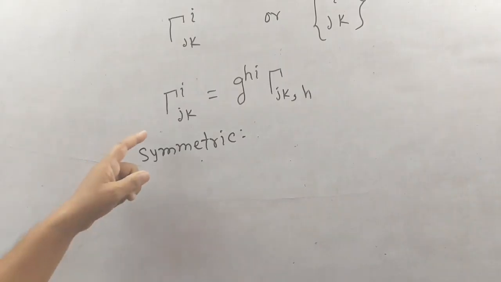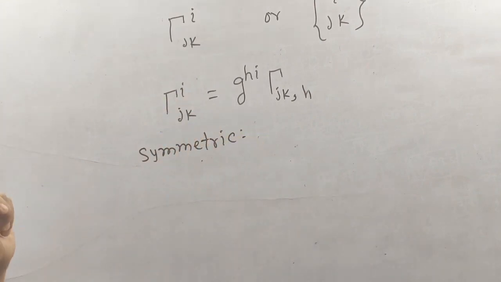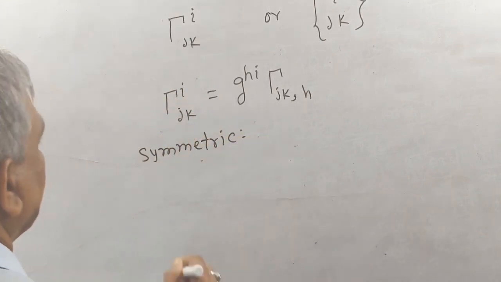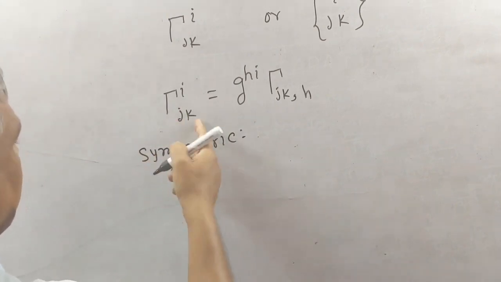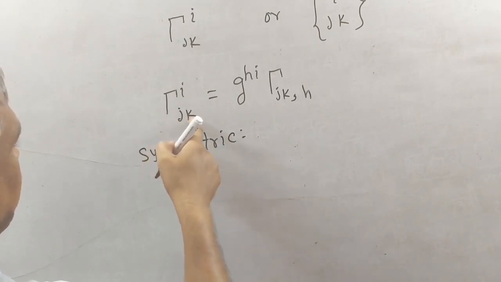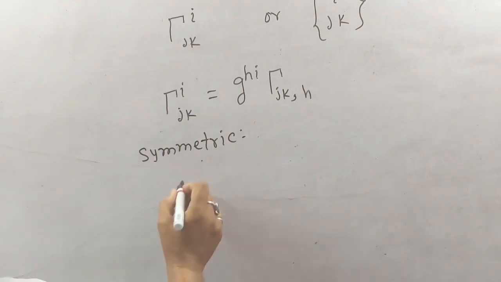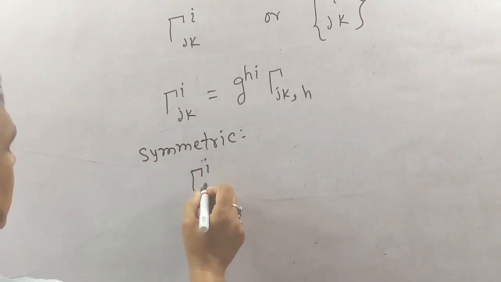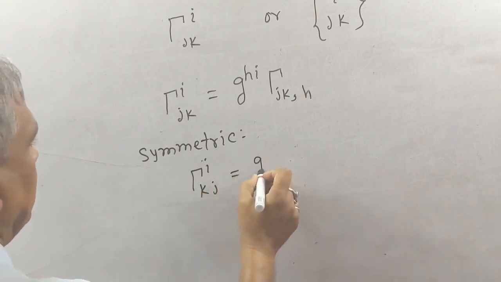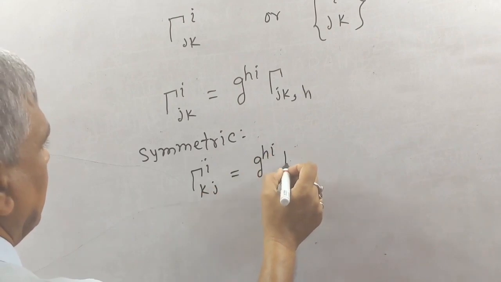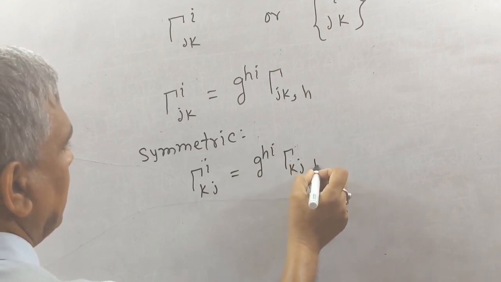Now we shall show that Christoffel symbol of second kind is also symmetric. Interchanging suffixes j and k on both sides, here we write k, here j, so we will get {i over kj} equal to g^hi [kj, h].